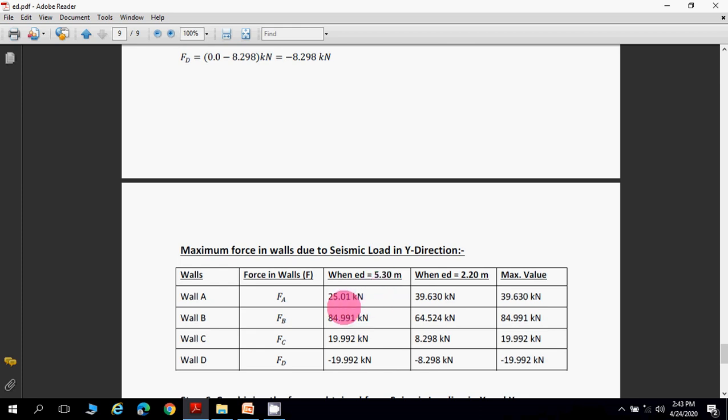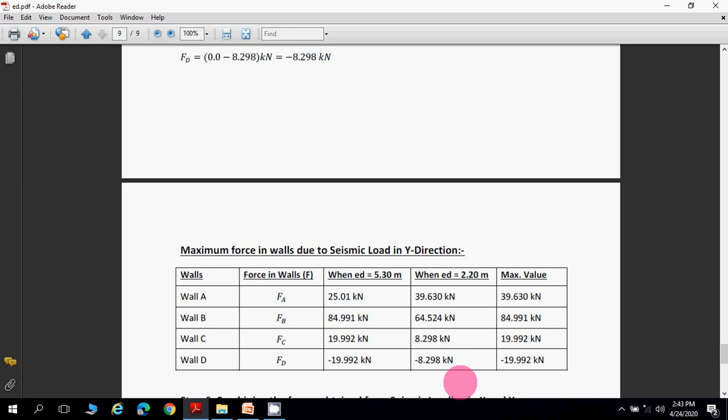When design eccentricity is 5.30 meters, Fa is 25.01, Fb is 84.991, Fc is 19.992 and Fd is minus 19.992. Similarly, when design eccentricity is 2.20 meter, the values are 39.630, 64.524 kilonewton, 8.298 kilonewton and minus 8.298 kilonewton.